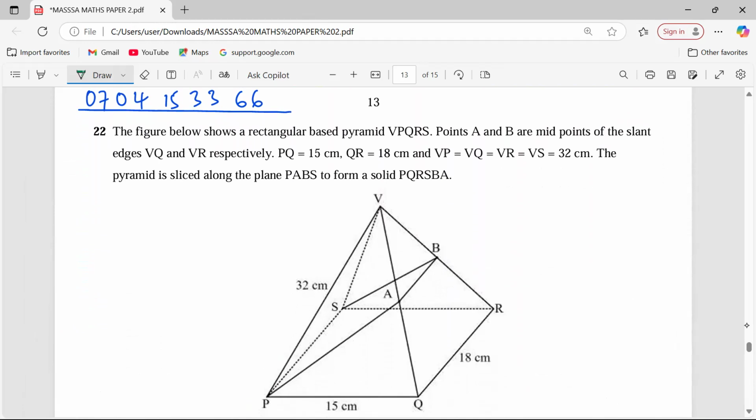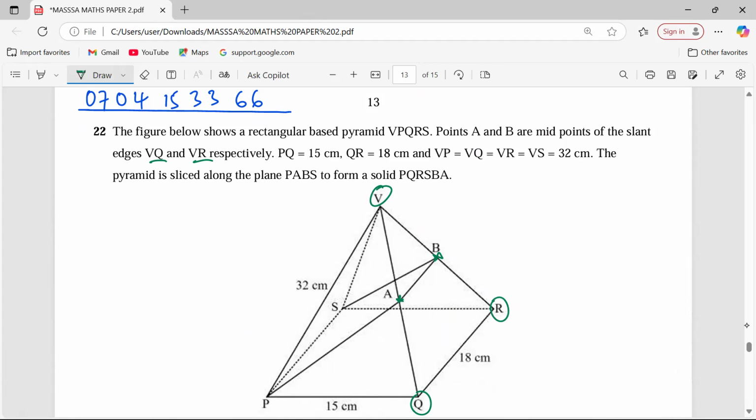The figure below shows a rectangular-based pyramid, VPQRS. Now points A and B are midpoints of the slant edges VQ and VR respectively. That's what you're supposed to know.